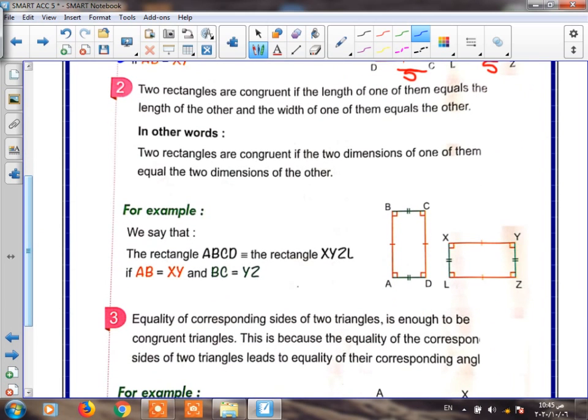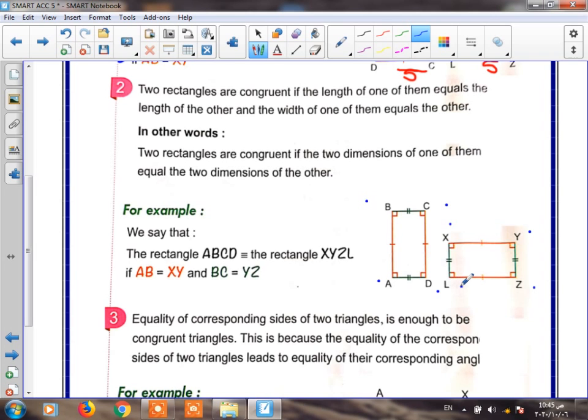Here I have two rectangles, ABCD and XYZL. I can say that these two rectangles are congruent if two sides. What is the meaning of these two sides? The length and width, the two dimensions.